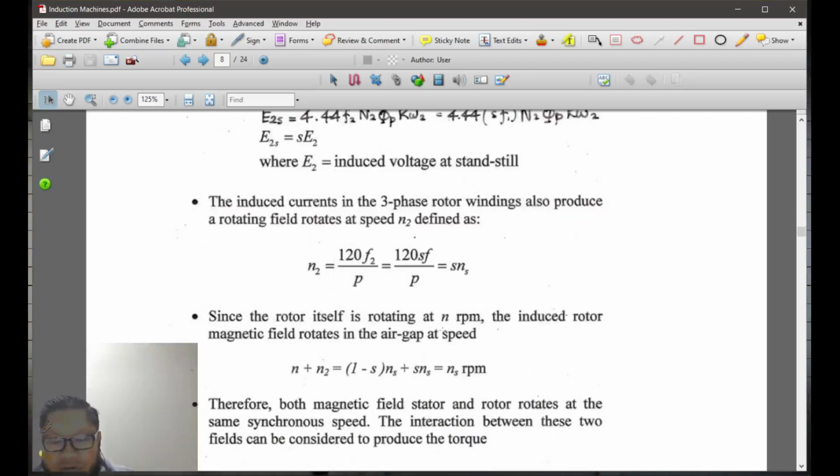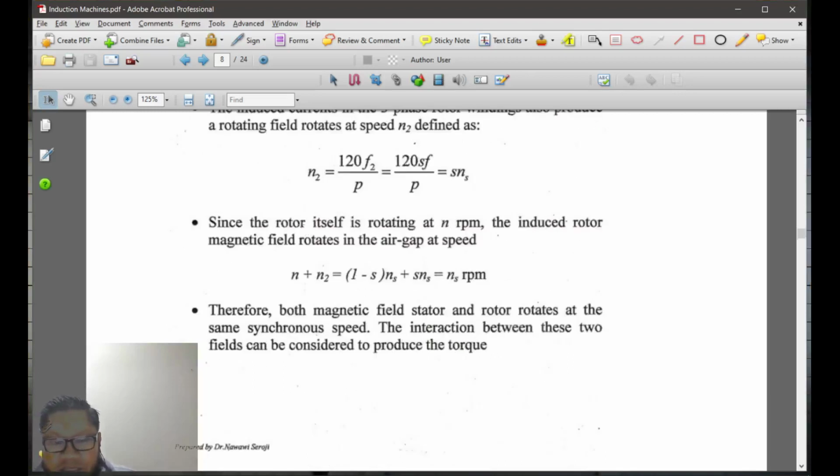If you look carefully, the rotor itself is rotating relative to the induced rotor magnetic field. So if you put yourself outside of the rotor and stator, you will see that the rotating magnetic field produced by the rotor also rotates with the same speed of Ns as the stator, isn't it?